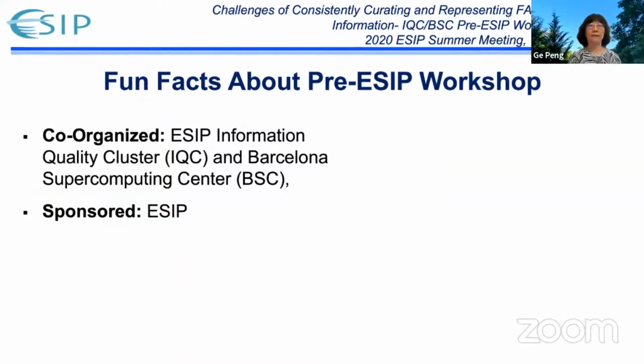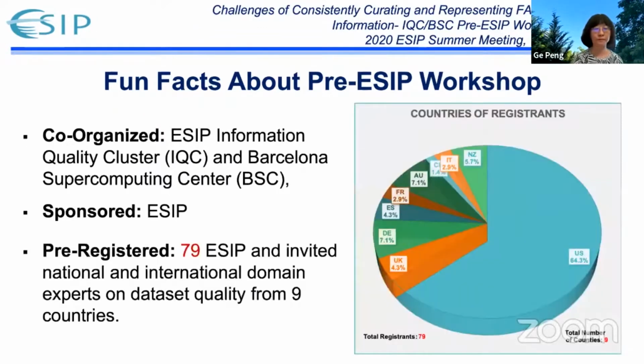The workshop is, as mentioned earlier, co-organized by the ESIP Information Quality Cluster and the Barcelona Supercomputing Center, and its team, the data quality evaluation and control team for the Copernicus Data Store. It is sponsored by ESIP.